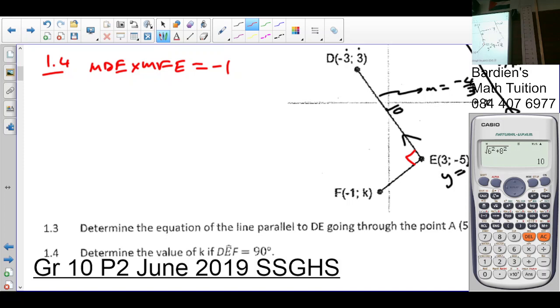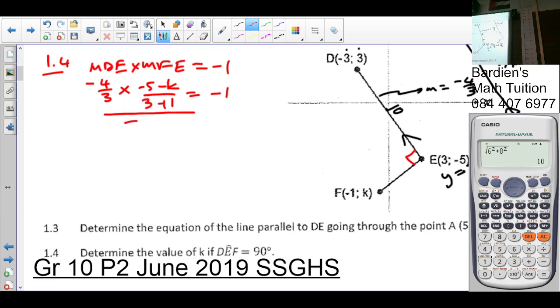If they tell us to prove it's perpendicular, then we multiply the two gradients and show it equals negative 1. So the gradient of DE we have worked out, which is negative 4 over 3, times the gradient of FE, which is negative 5 minus k over 3 minus negative 1.